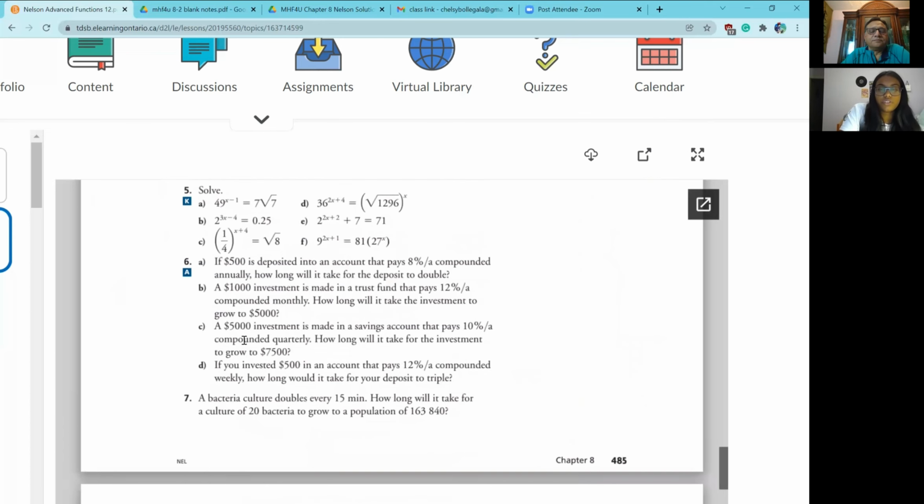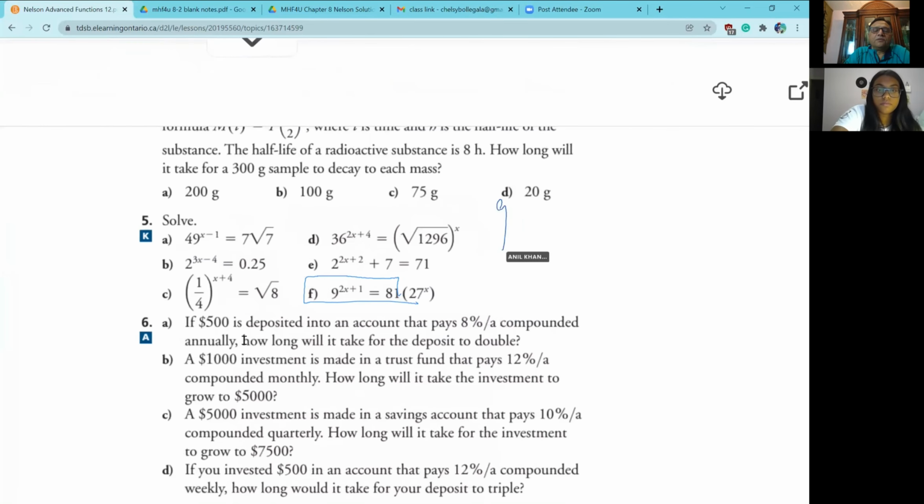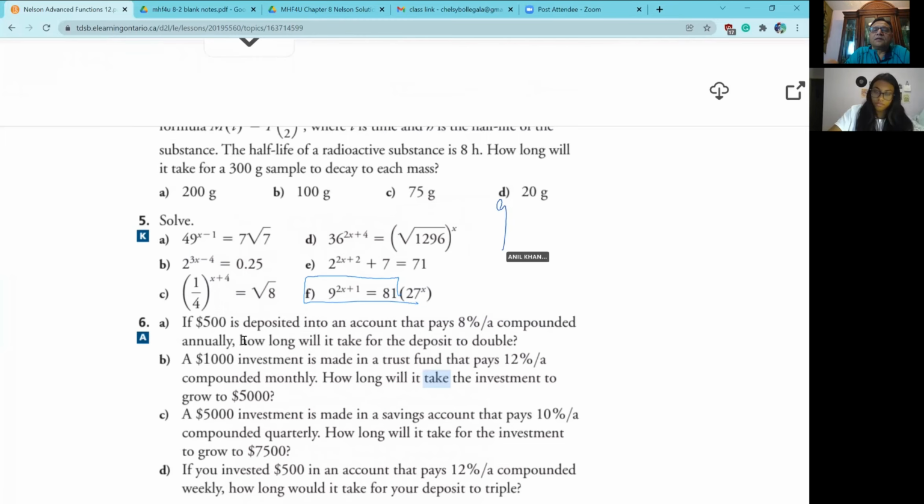Number 5, solve. Okay, let's take this one. So let me rewrite. We have 9 to the power of 2x plus 1 equals 81 times 27 to the power of x.